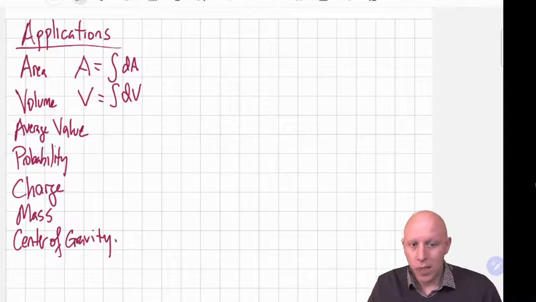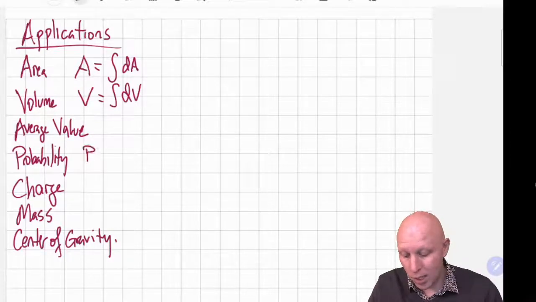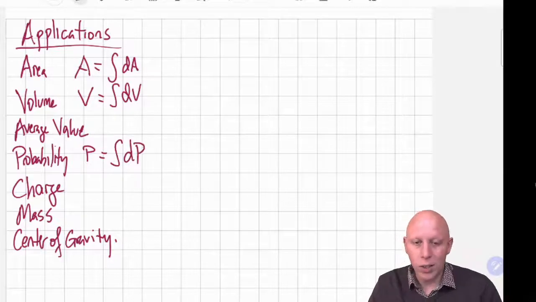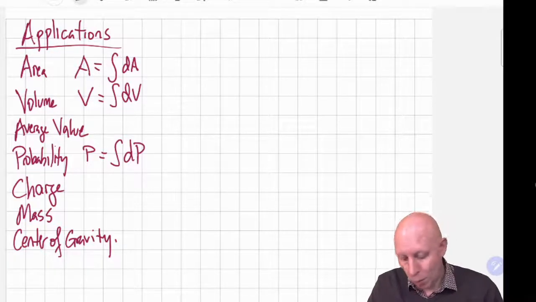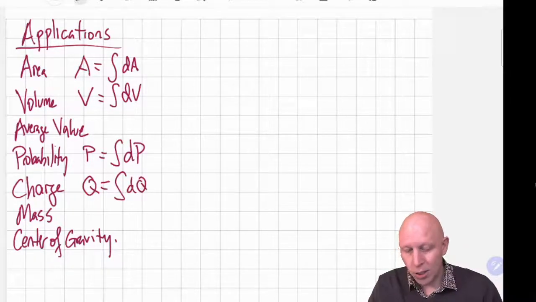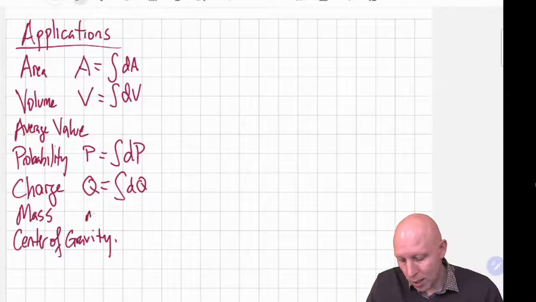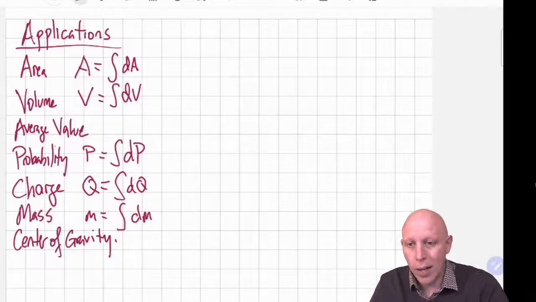When we want to find a probability of a subregion, we're going to add up a whole bunch of little bits of probability. When we want to find the charge of some object, we're going to add up a whole bunch of little bits of charge. And when we have some mass, we're going to sum up a whole bunch of little bits of mass.